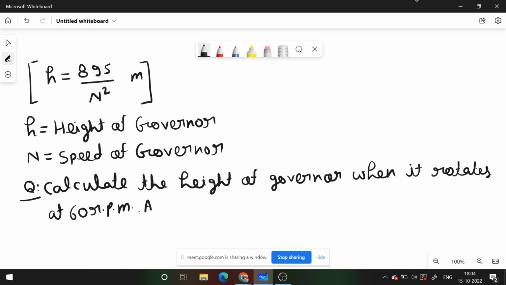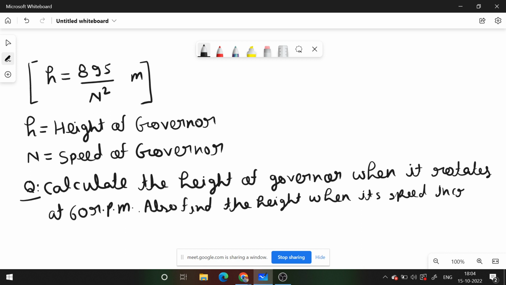Also find the height when its speed increases to 61 rpm. Okay.